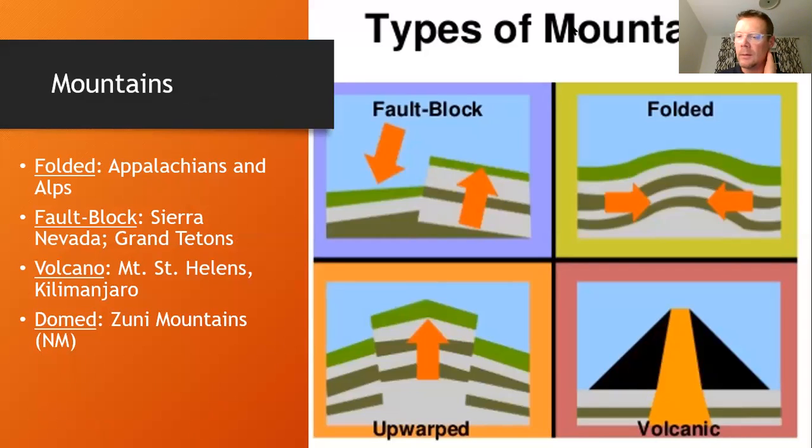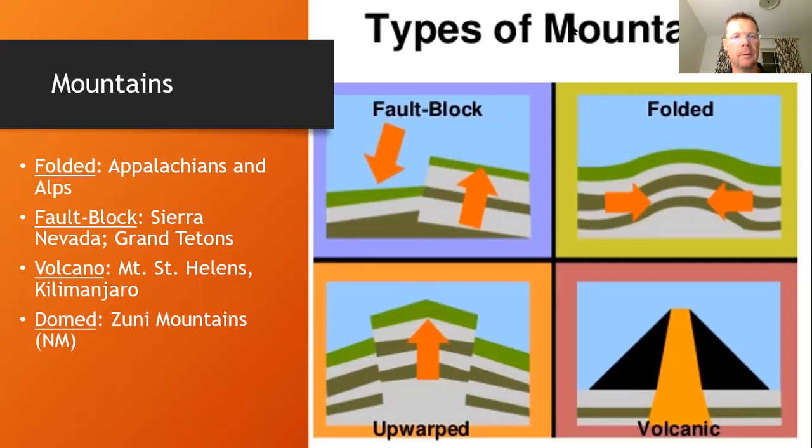Now, fault lines and plate tectonics lead to mountains, according to our current theories anyway. We have 4 types of mountains exhibited on the screen. We have folded mountains, we have fault block mountains, volcanoes, and domed mountains, which would be an upwarped mountain range.